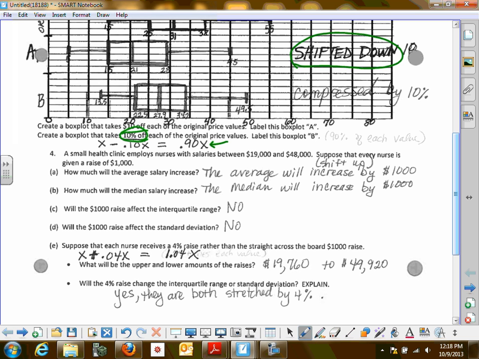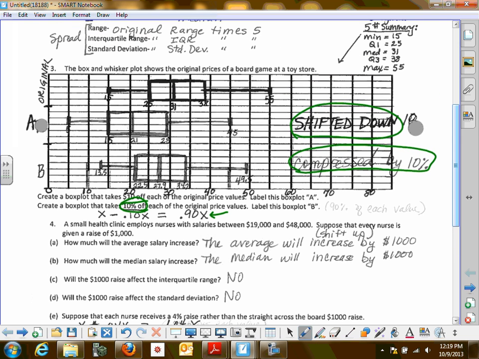So what's happening is that this picture is being compressed by 10%. So not only is the median a smaller value, the stretch on it, so the IQR and the overall range, is also smaller by 10 percentage points. Okay? So everything got affected that way.